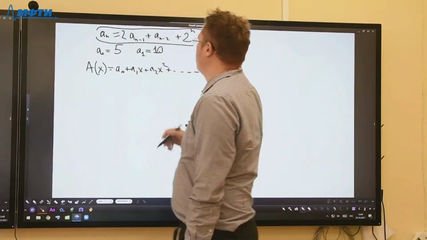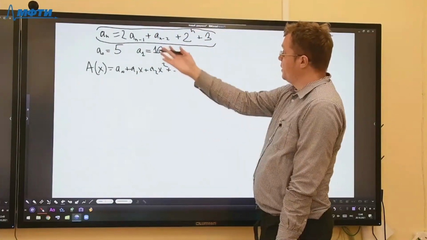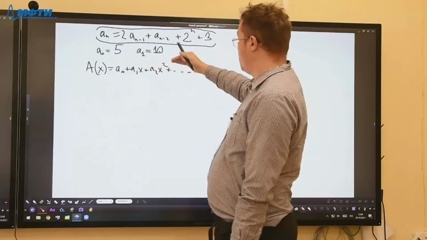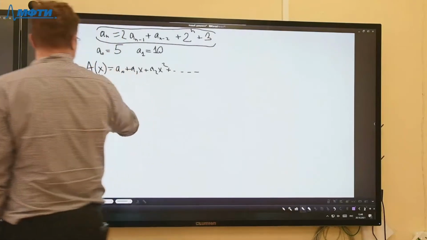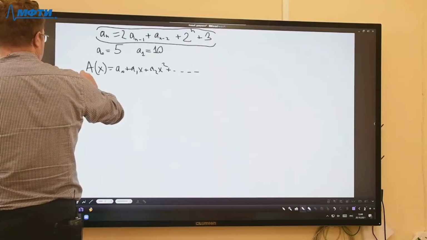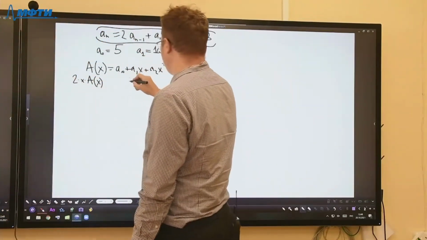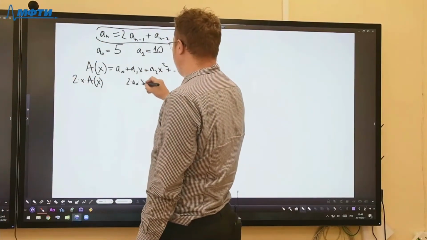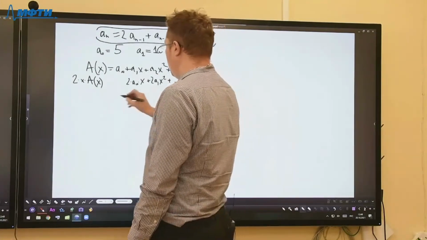Again, we can choose any number. So for example, in this case, if we want to get them to 0, we just want to look at 2 times x times a of x. This will be 2a0 x plus 2a1 x squared, and so on.